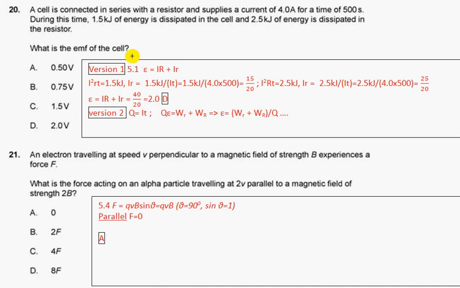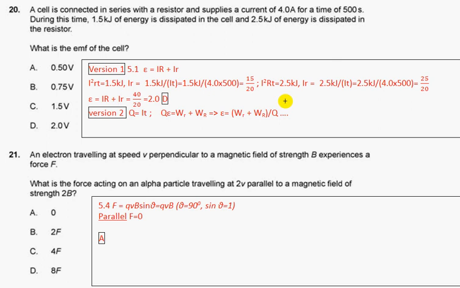So section 5.1: EMF equals potential difference on the external resistor plus potential difference on the internal one. They give us energy. Formula for energy, I squared R T. It means that Ir will be 1.5 divided by I t, but I t is charge and we can calculate this charge.